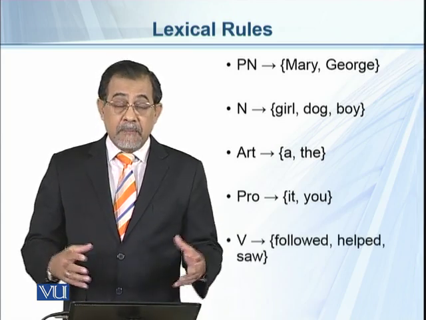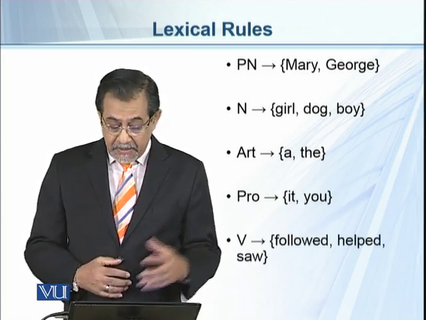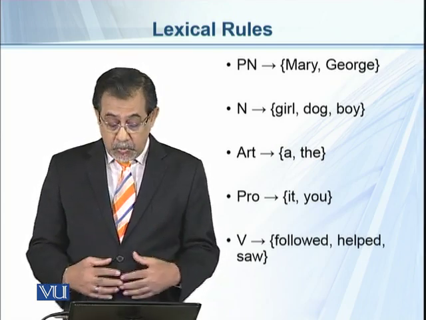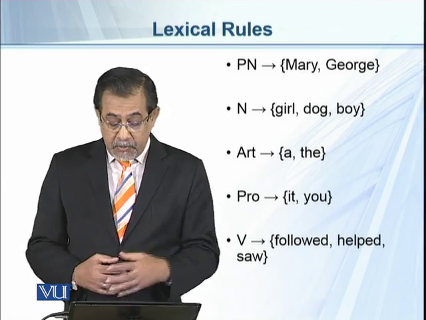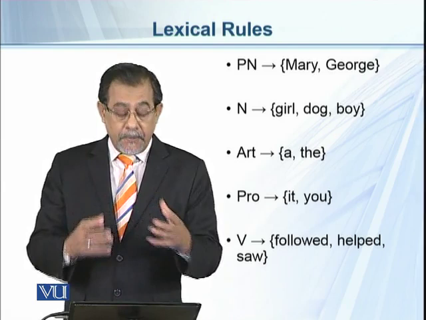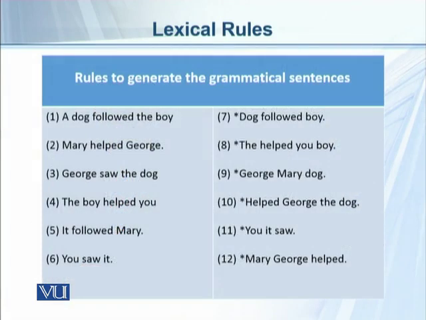Verb, for example, followed, helped. So they are the lexical categories which can be used as verb, as pronoun, as article, as noun, and as proper noun. We are talking about some lexical rules and phrase structure rules which help us generate grammatically correct sentences.